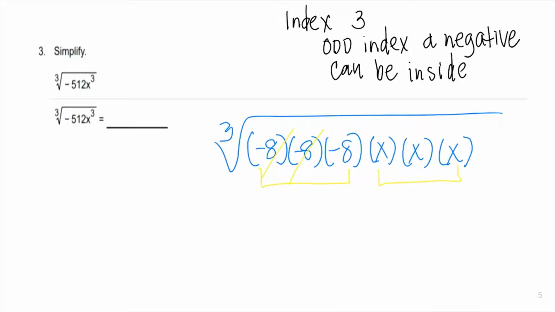So a negative 8 is going to come out. Once I cross out 3 of them inside, I write a negative 8 outside. And then I can look at the x's. There are 3 of them. Cross them out and write one big x outside. So my final answer is negative 8x.